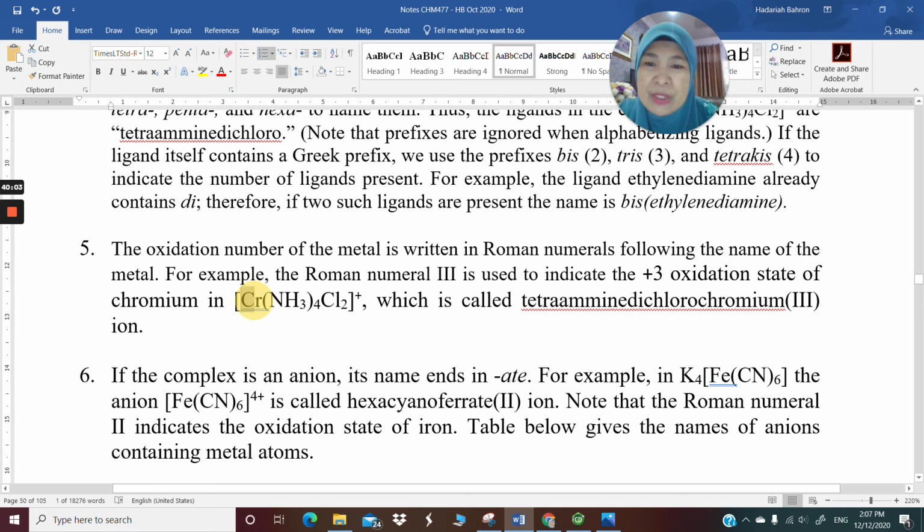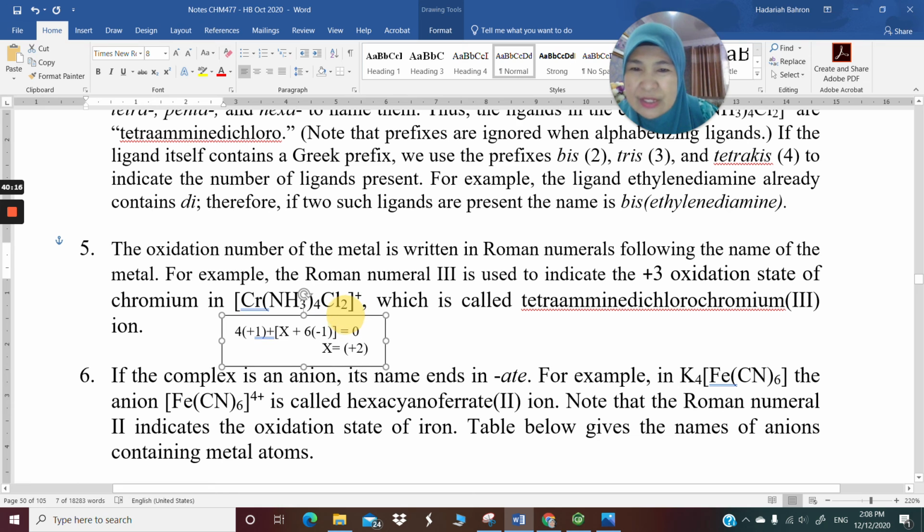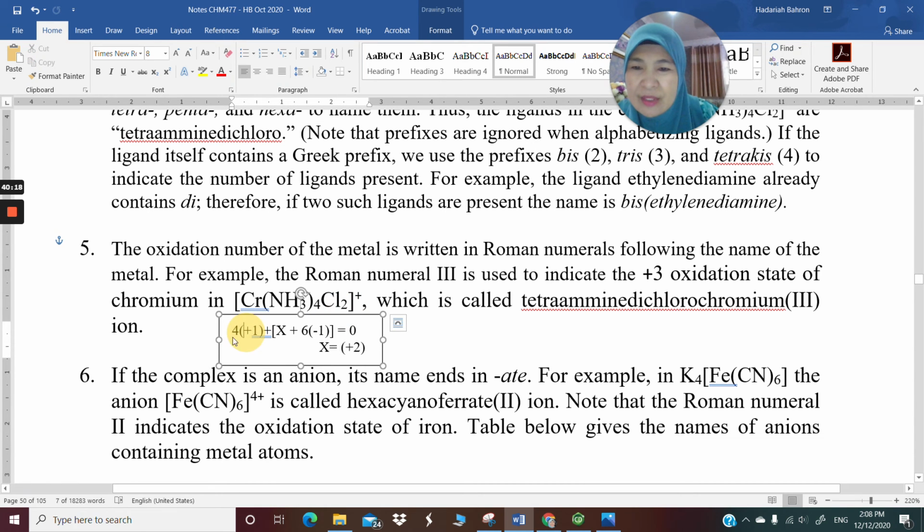And your chromium is chromium 3. How do you know it is chromium 3? It's really very simple. Let's try and calculate the oxidation state of your chromium there. So we have a complex ion.